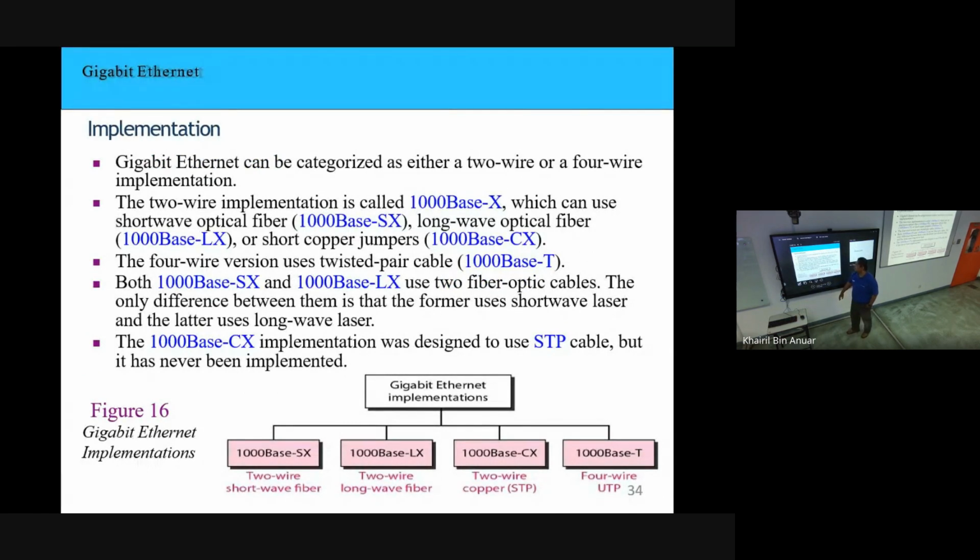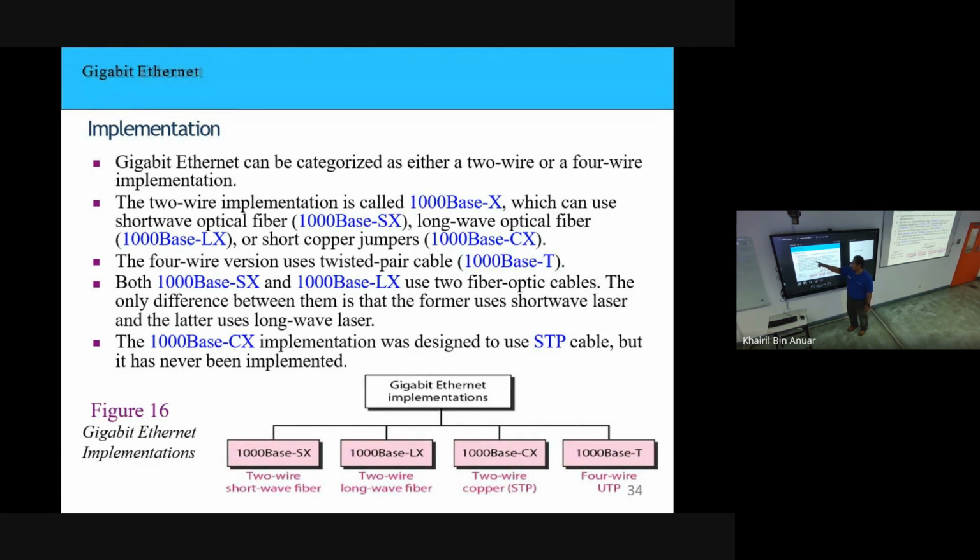Then it can be defined in 4 different types: SX, LX, CX, and base T. The base T is twisted cable, using copper wire. The base CX is designed using STP cable, but actually this one is defined but not properly used.